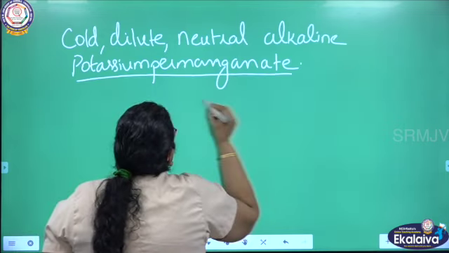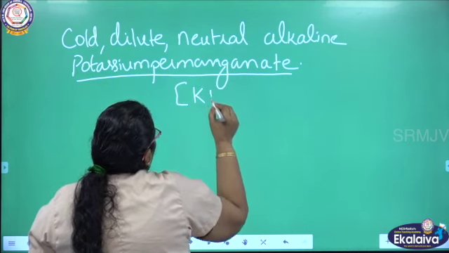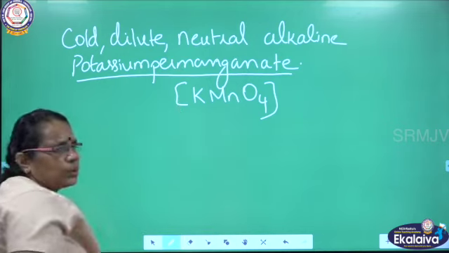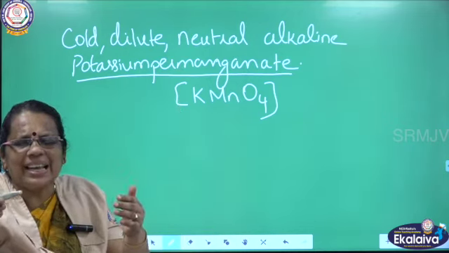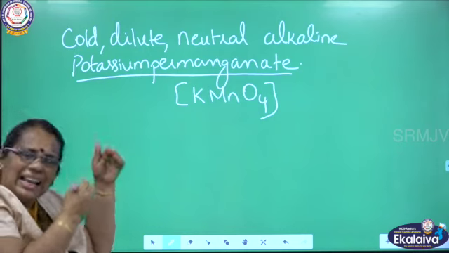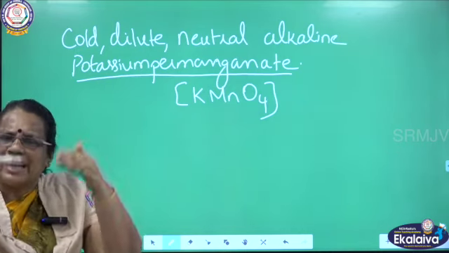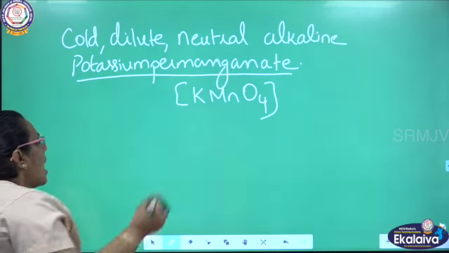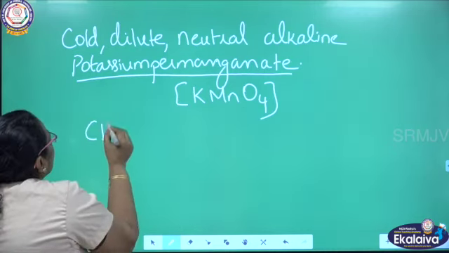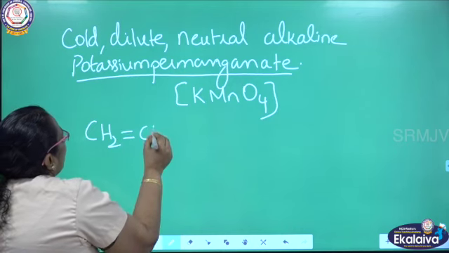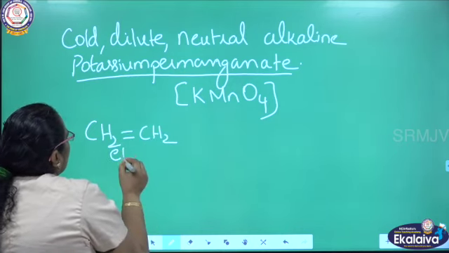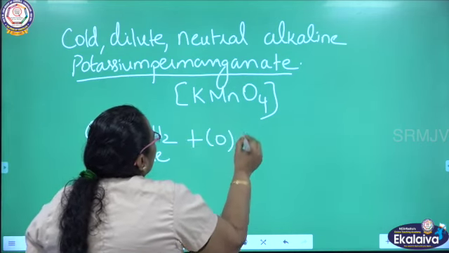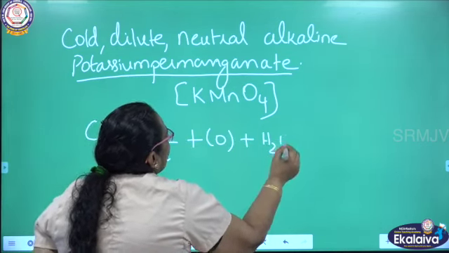What is the formula for potassium permanganate? KMnO4. We are going to see the oxidation reaction of alkene with cold, dilute, neutral, alkaline potassium permanganate. I am writing with ethene, CH2 double bond CH2, ethene. I am adding oxygen, water. So what is the reagent I am using here?